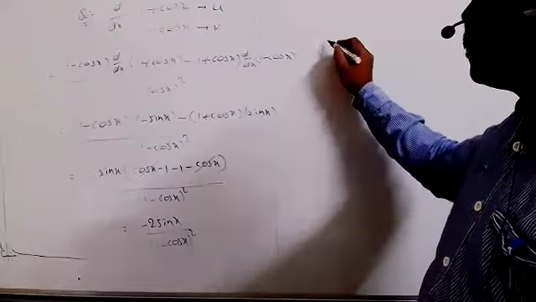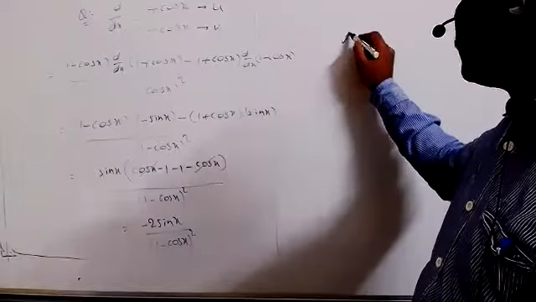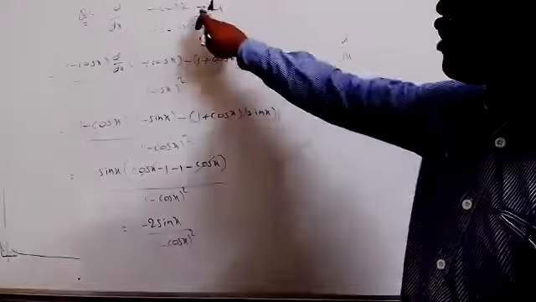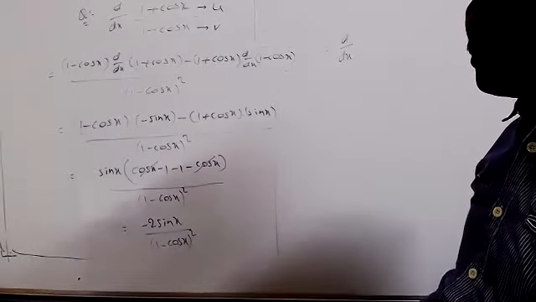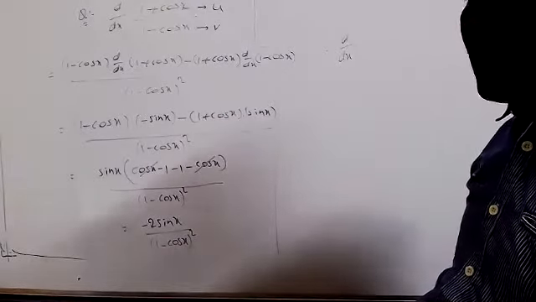Take the same thing only. So differentiation of 1 plus cos x equal to, we know very well that by eliminating this one, compulsorily we can apply the condition of 2 sin square x minus 1.